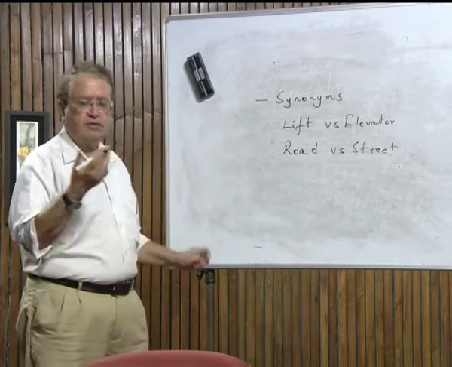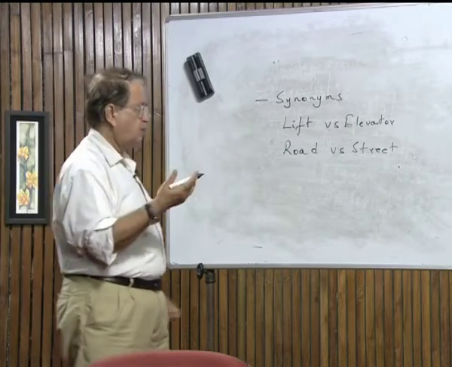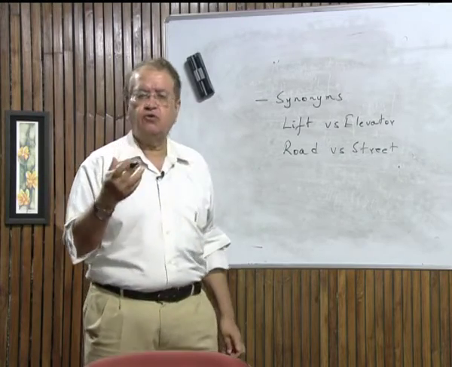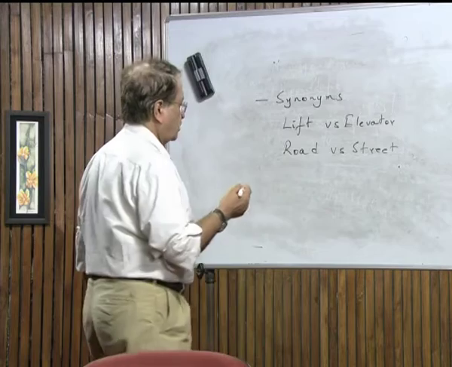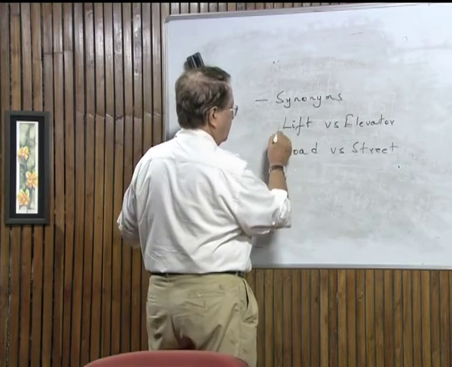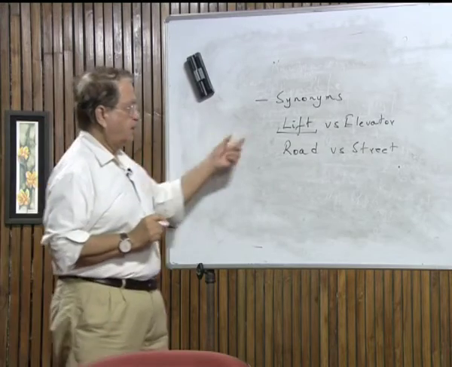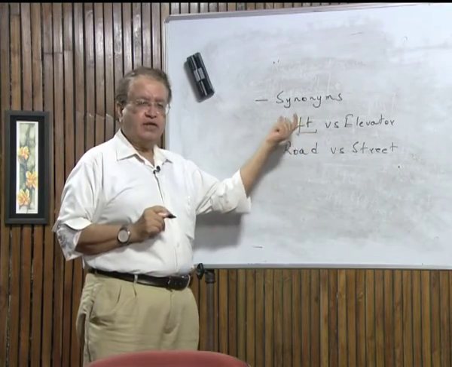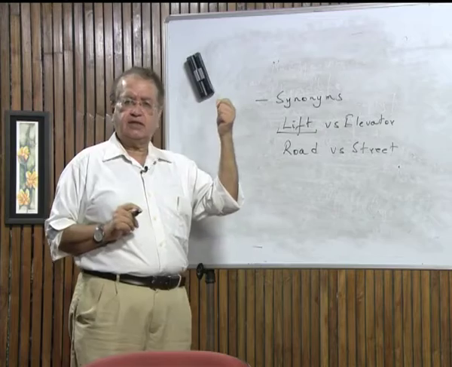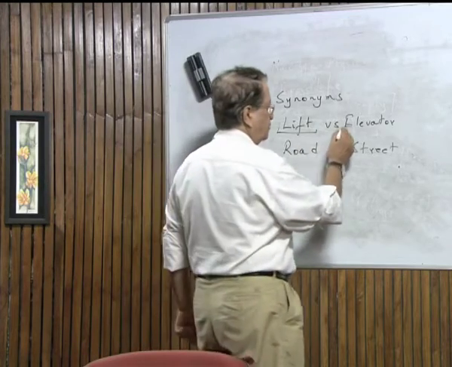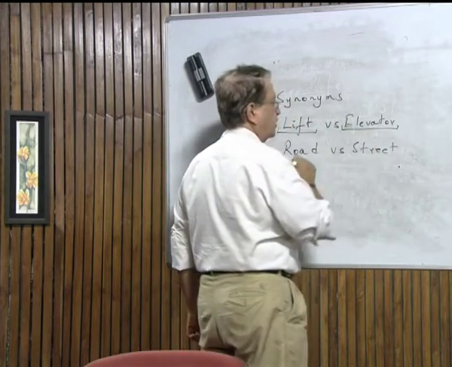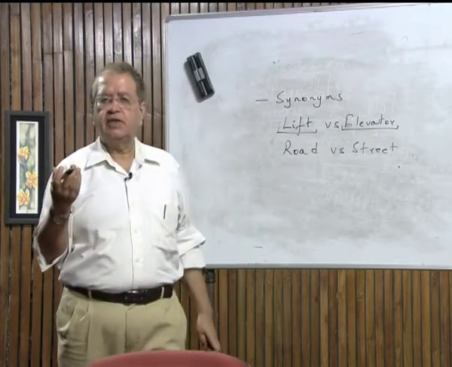Now, when we are looking after a library or we are looking after a store of information, the question is that if I write the term lift in the Google search box, then what am I going to get? I am going to get the term lift wherever it has occurred, but a little bit of literature on lift would also be classified or placed under the term elevator.